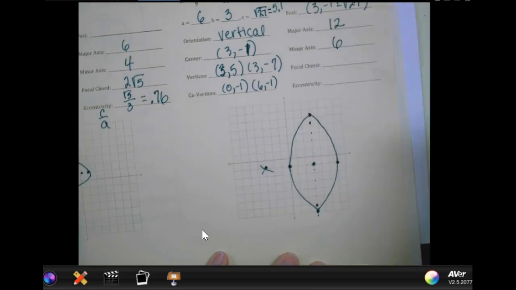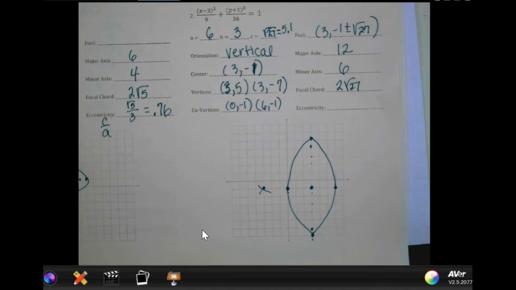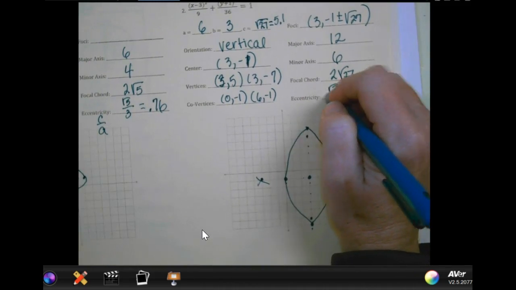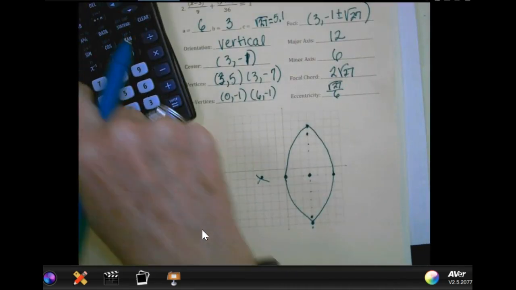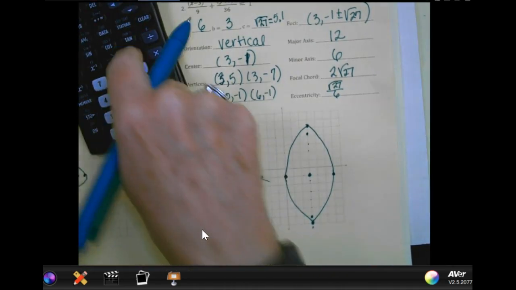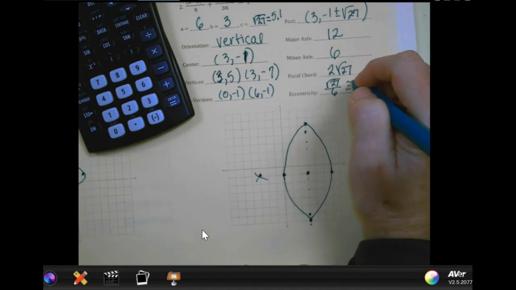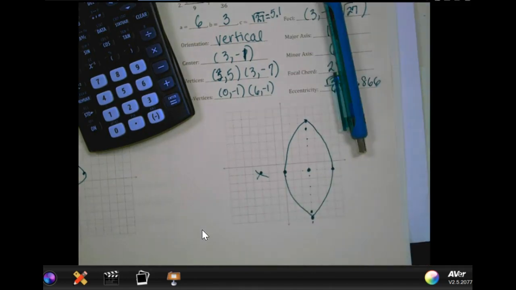The minor axis is 6. So how do you find it? C divided by A. C divided by A.